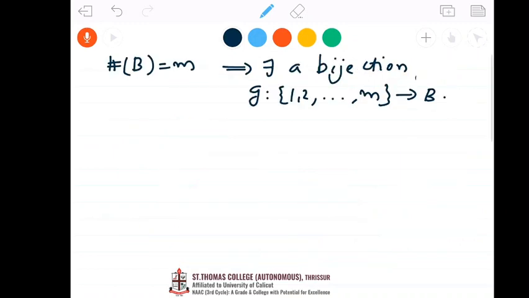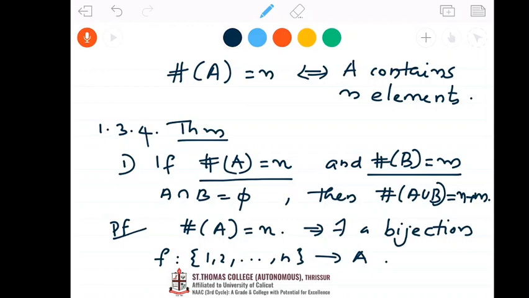So I can write A as, since the function f is onto, the range of f on the set 1 to n is A itself.